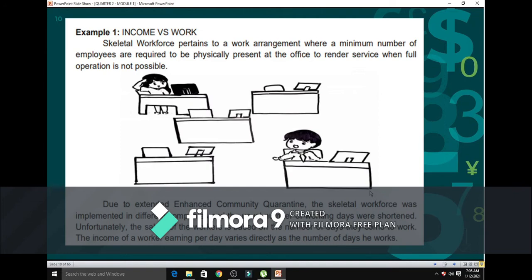So, sabi dyan, due to extended enhanced community quarantine, the skeletal workforce was implemented in different companies and the usual number of working days were shortened. So, unfortunately, yun daw mga sahod ng manggagawa ay nakabase sa bilang ng araw ng kanilang pagpasok. So, yung income ng worker earning per day varies directly as the number of the days he worked.